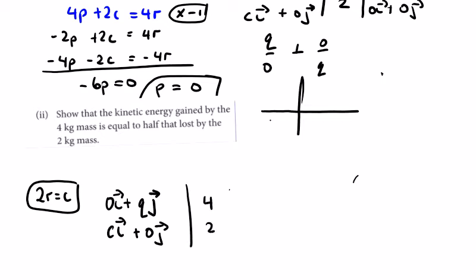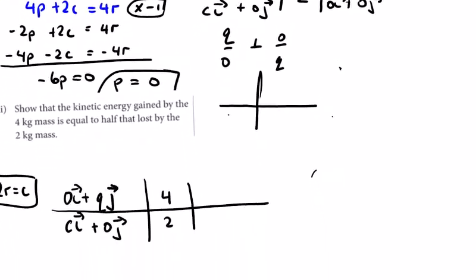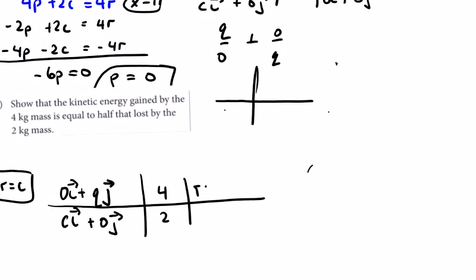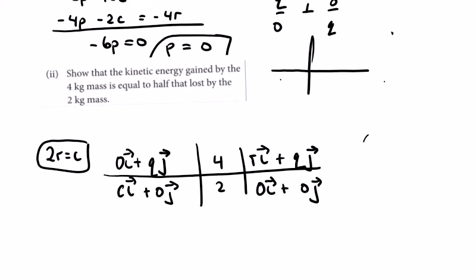We have our 4 and our 2. And we called the other side Ri plus Qj. And the other one is at rest, 0i plus 0j. So we have 2R is equal to C. So we can change this C here to 2R in the i direction plus 0j.